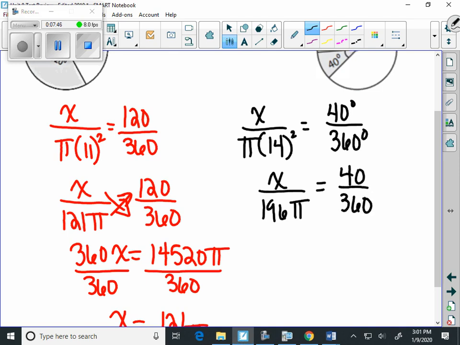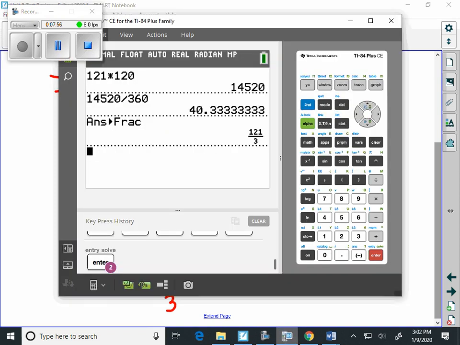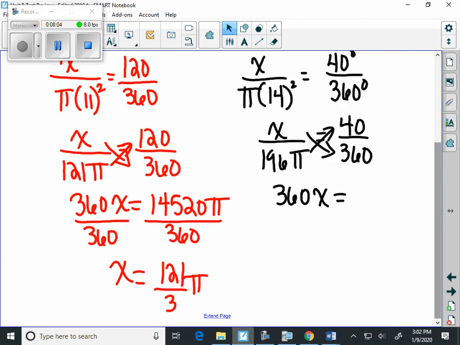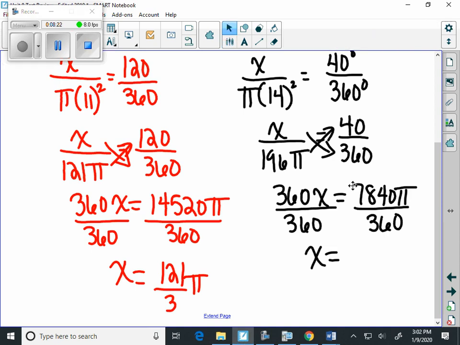And we're going to cross multiply. We end up with 360x equals 40 times 196, and that's 7,840 pi. And then we can divide both sides by 360. And I'll multiply it all out on this particular one since I wasn't specific on the directions.